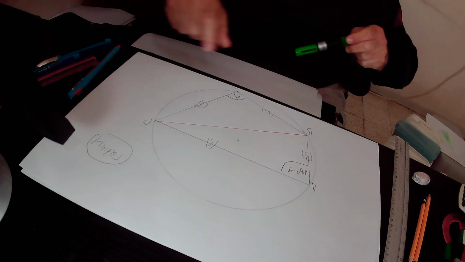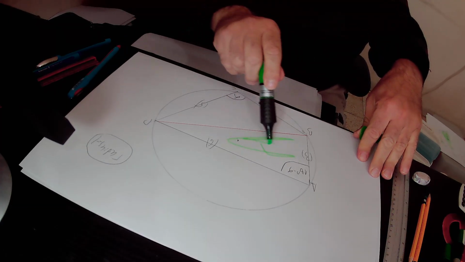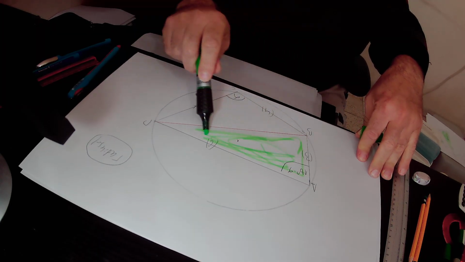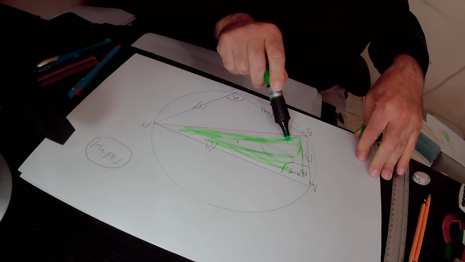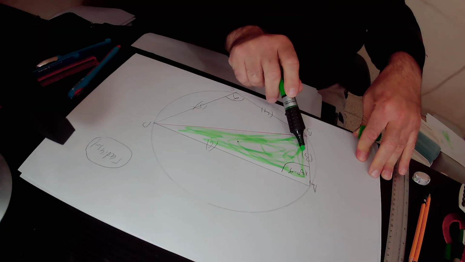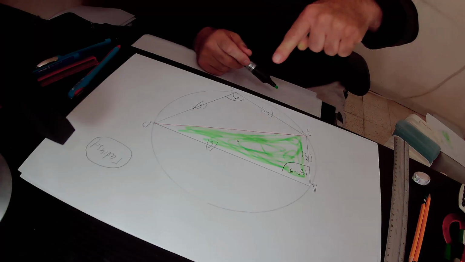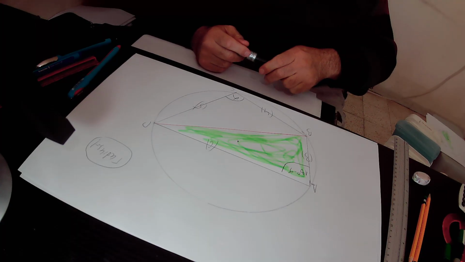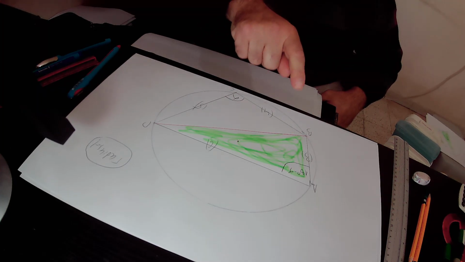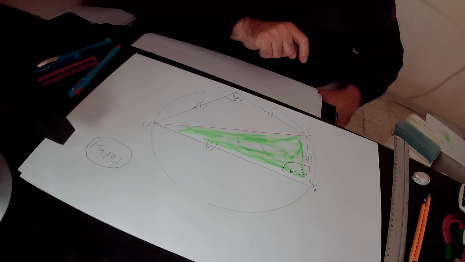The first part is the upper green triangle, triangle ABD. And the second part is the lower triangle, triangle BCD. So in the next step, we will implement the law of cosines on both triangles, on the upper triangle ABD and on the lower triangle BCD.